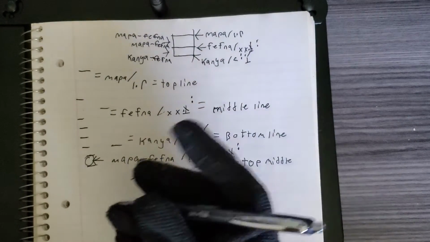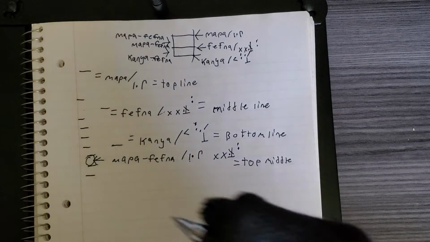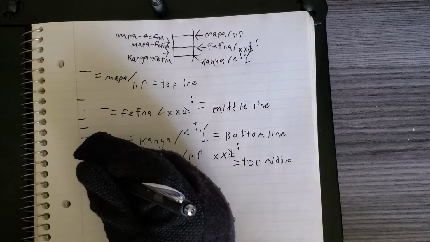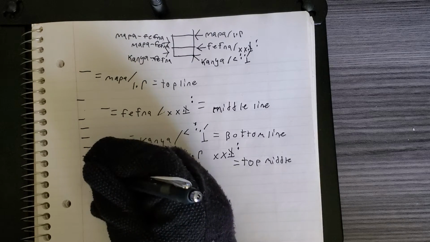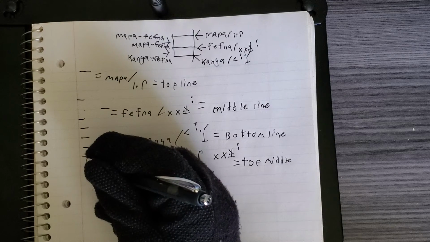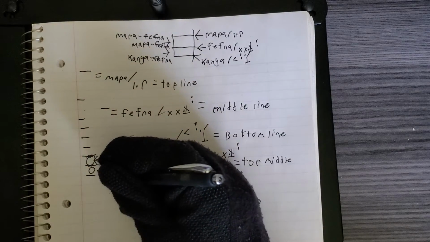So if you were to go back down here to a little diagram, here was the top line where mapa was, and here was fefna. The section between fefna and kanya is kanya-fefna.